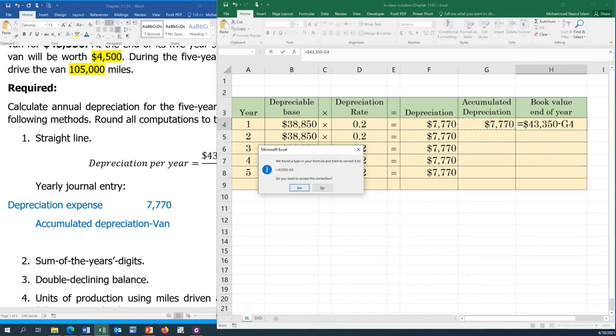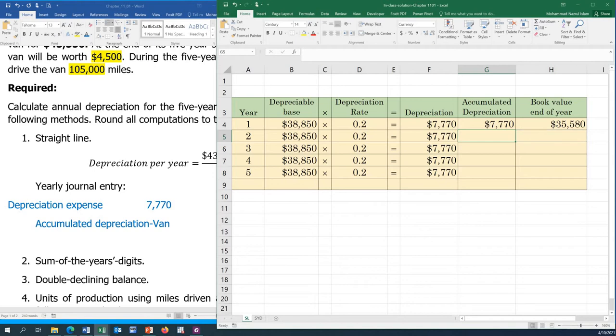In the second year, the accumulated depreciation would be equal to the first year depreciation plus the second year. The end of year book value would again be 43,350 minus this accumulated depreciation.